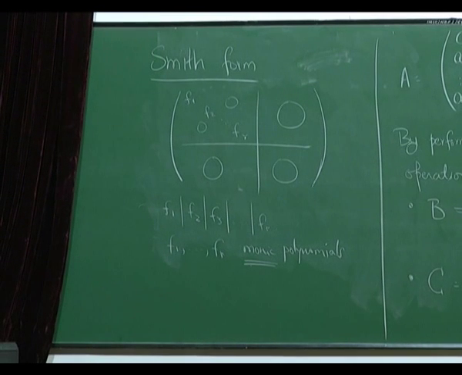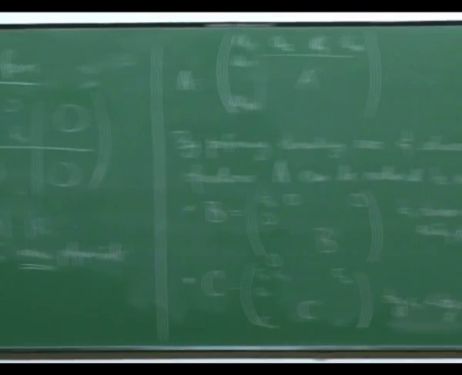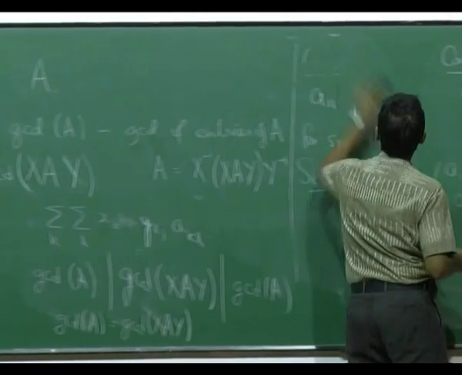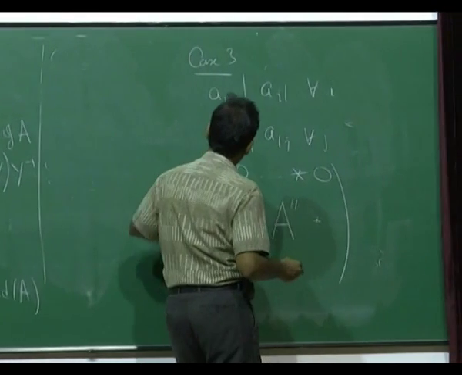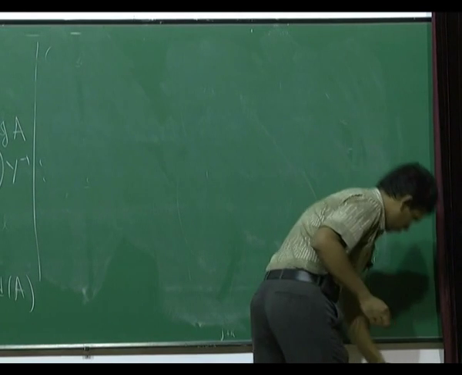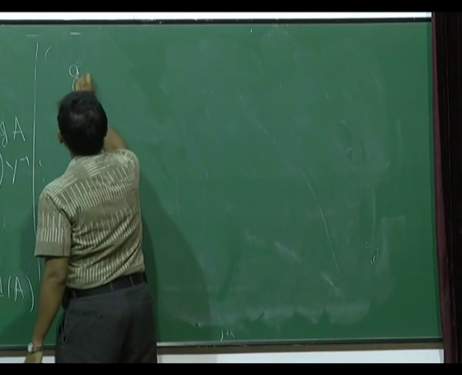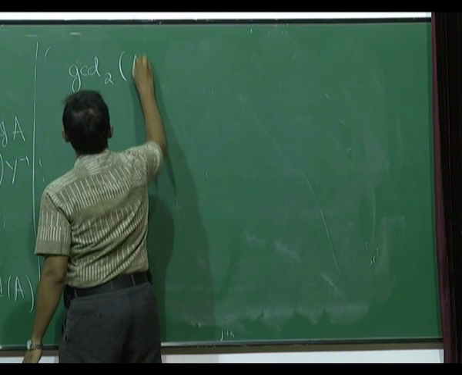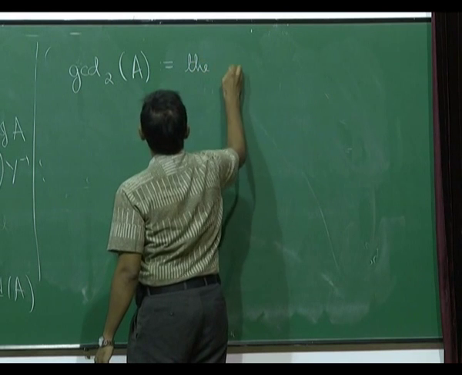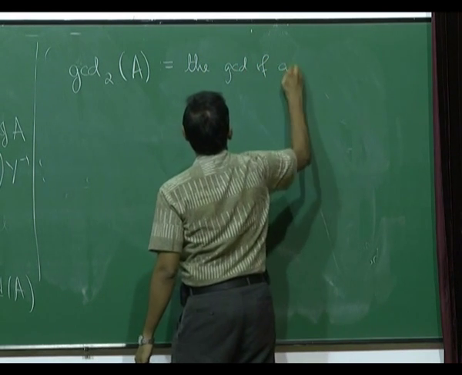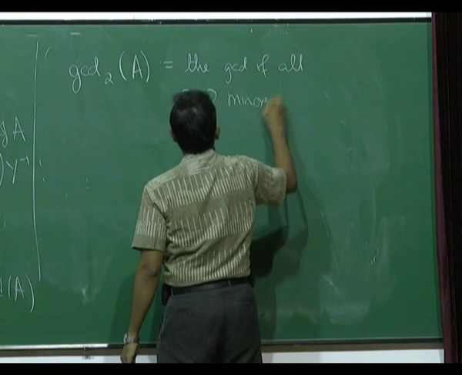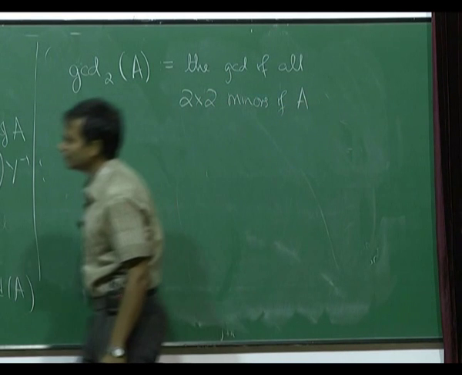Instead of looking at the GCD of A, let us look at the GCD of 2 by 2 minors of A. I will call GCD 2 of A. This is defined to be the GCD of all 2 by 2 minors of A. Let us see, why will this help us?